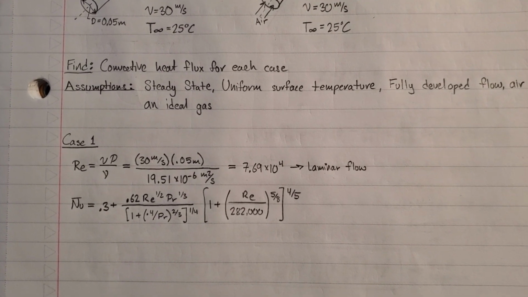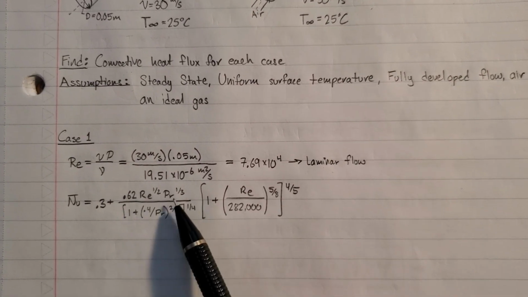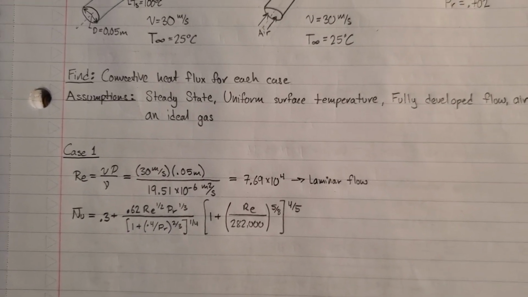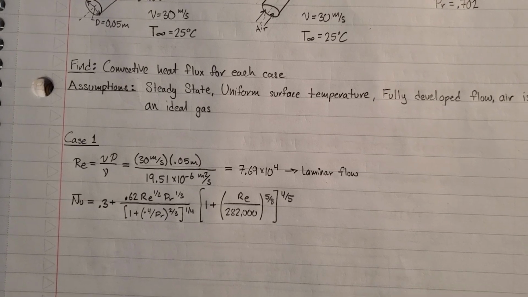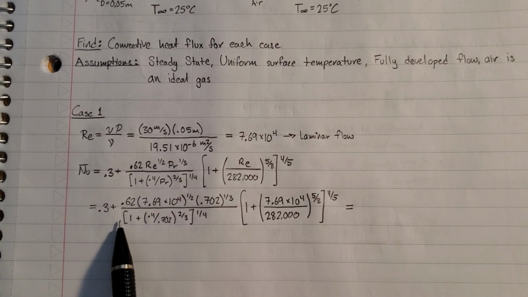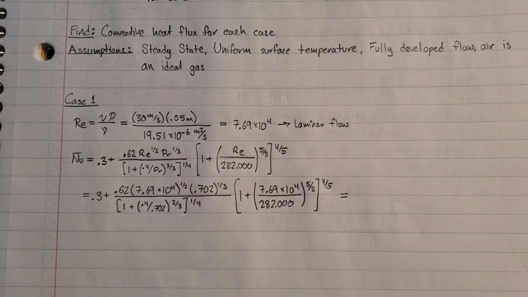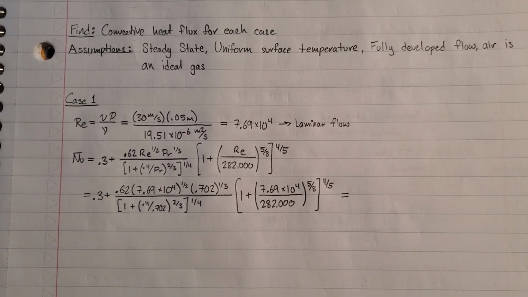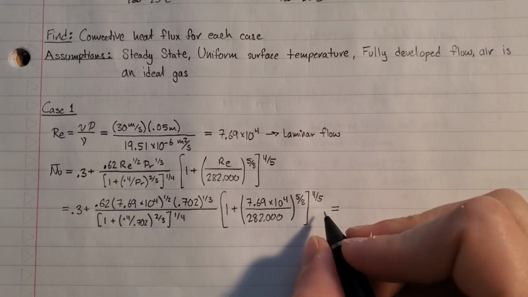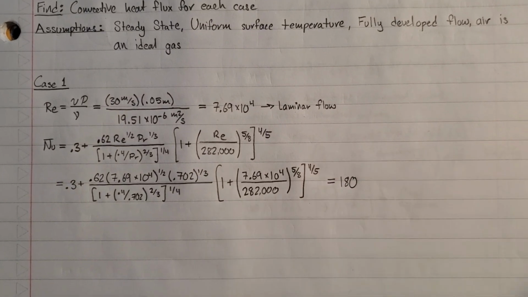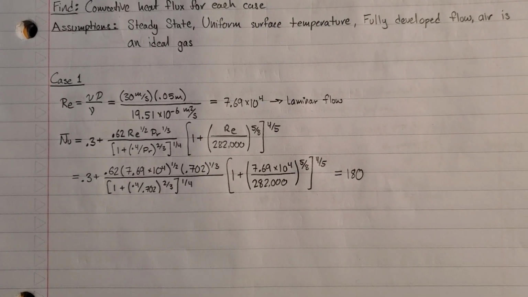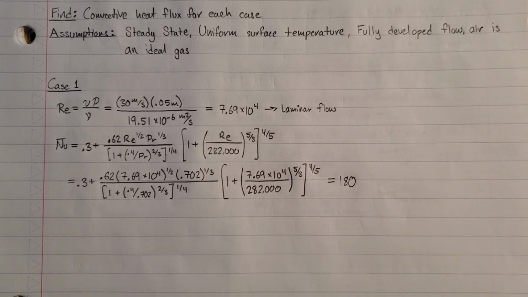So we're going to plug in Reynolds number and Prandtl number into that, and that will find our Nusselt number. With all the values plugged into our big equation, we get this, which once you spend a bunch of time typing that into your calculator, you get a Nusselt number of 180. And of course, this is unitless.